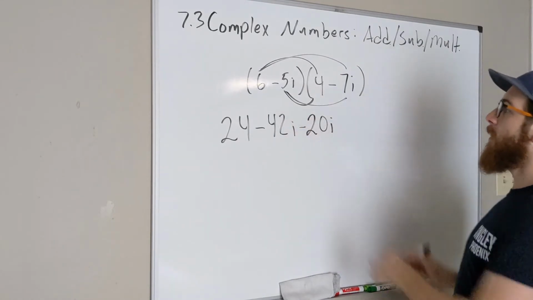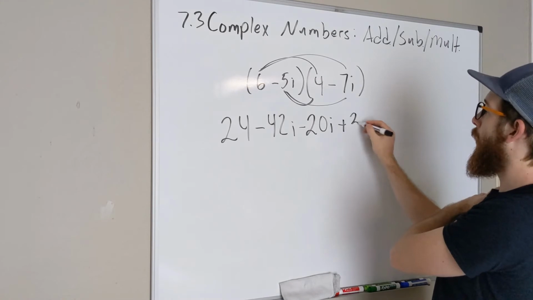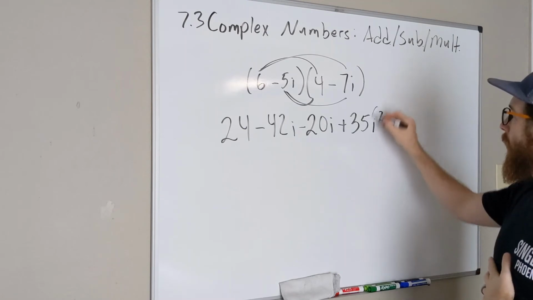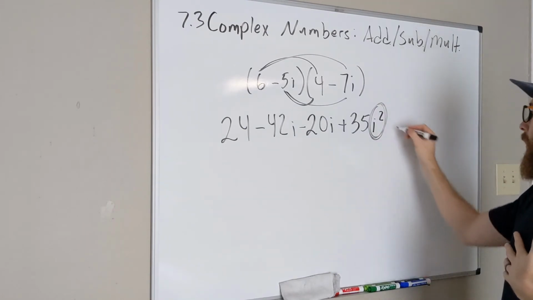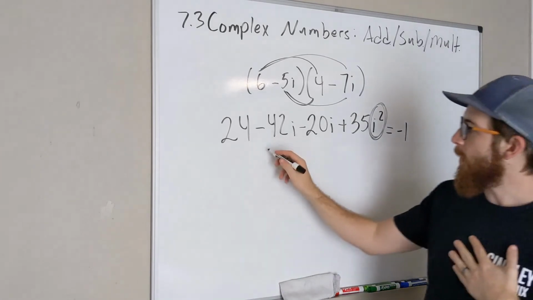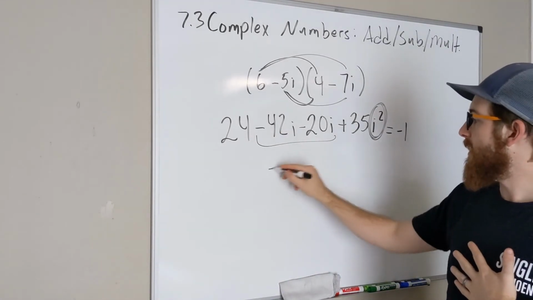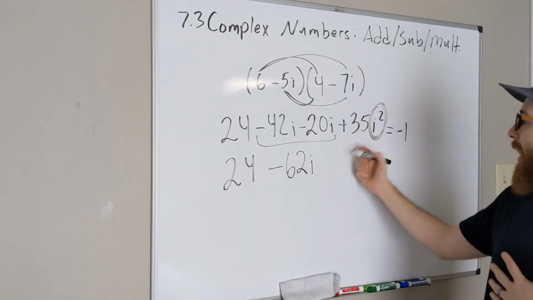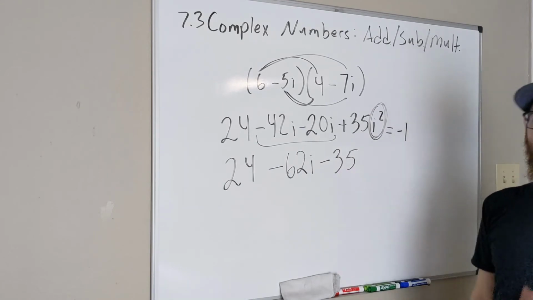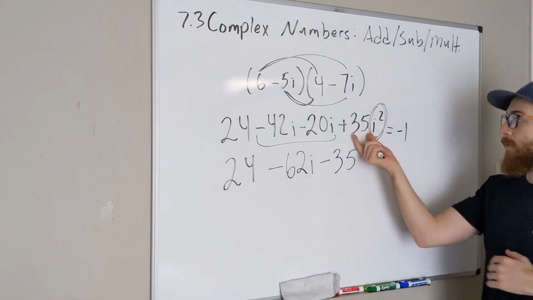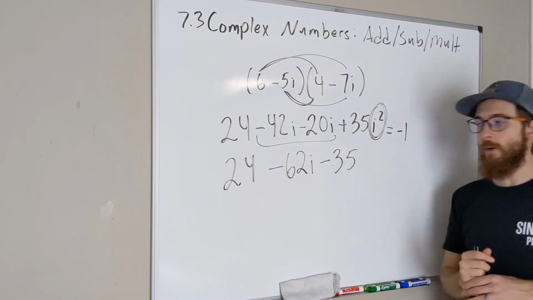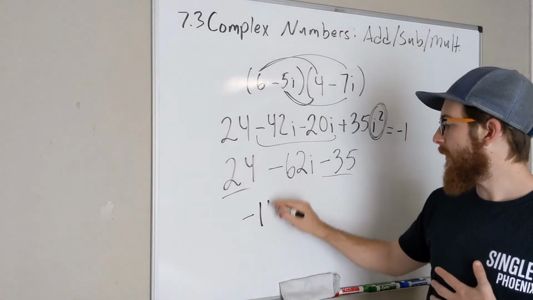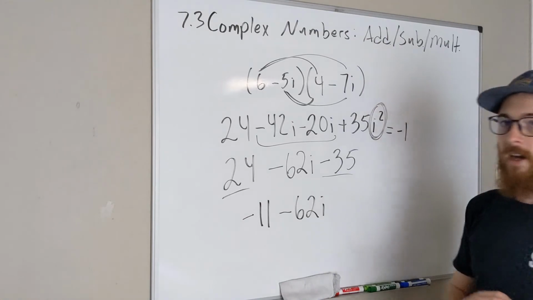Now, once again, we have negative times negative is positive 35. But i times i is i squared. What is i squared? Negative 1. Okay, so I have these two put together. So that's negative 62i. I still have 24 here. Here, I now have negative 35. Why is it negative 35? Because 35 times negative 1 is negative 35. Last step, 24 minus 35, negative 11 minus 62i.